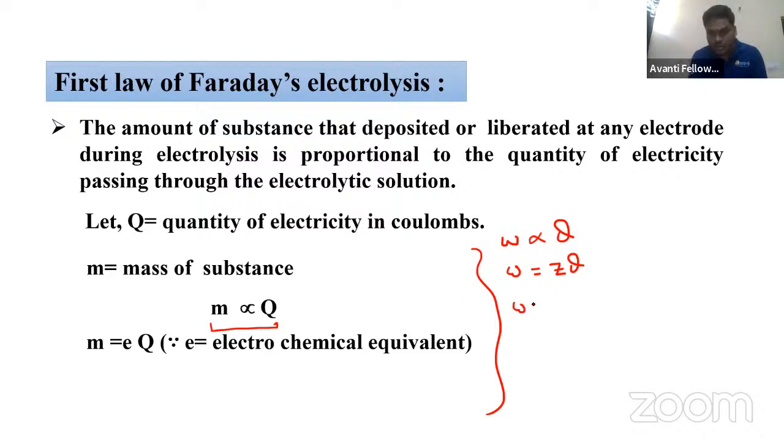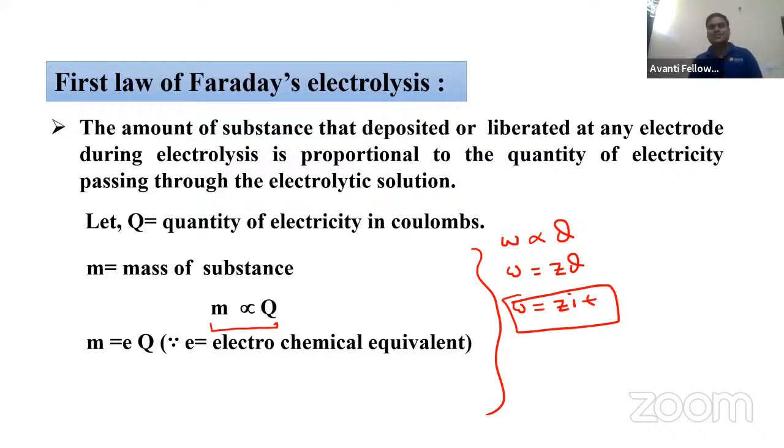Now we all know what is the formula for Q? How will you write charge, beta? We can write charge as I into T, that is current into time, right? So the formula comes out to be W is equal to ZIT. What is this Z?